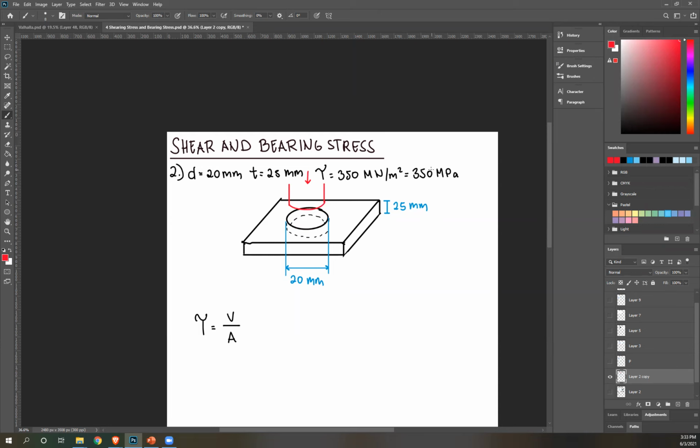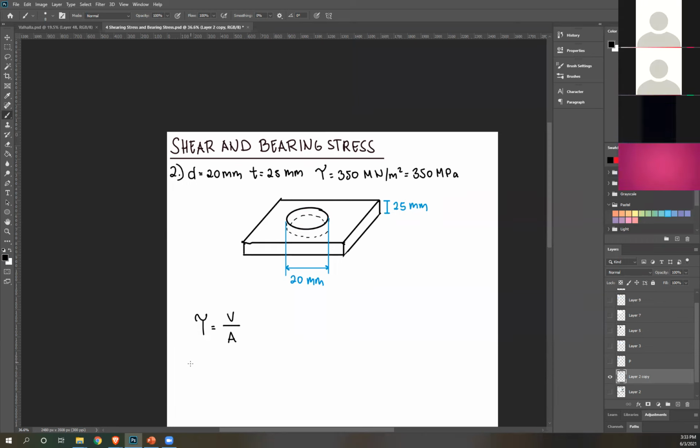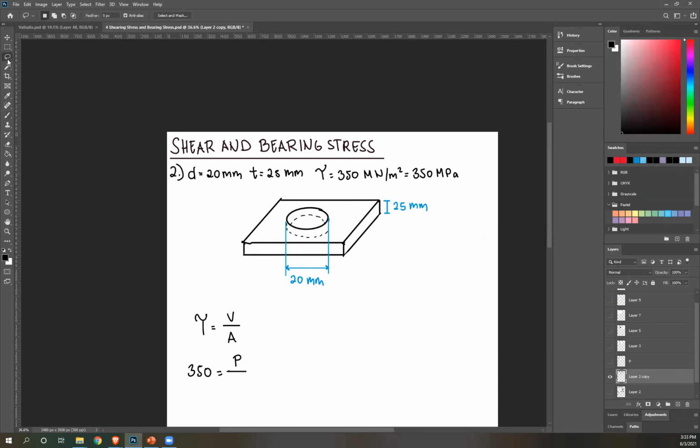And this hole has the shear strength of 350 MPa. That's why we're still using that as our equation. Based on this, the shear force that this hole will experience is equal to the applied force that we need. So once again, this tau is 350, and this V is equal to your applied force P. Let's include that in the drawing.